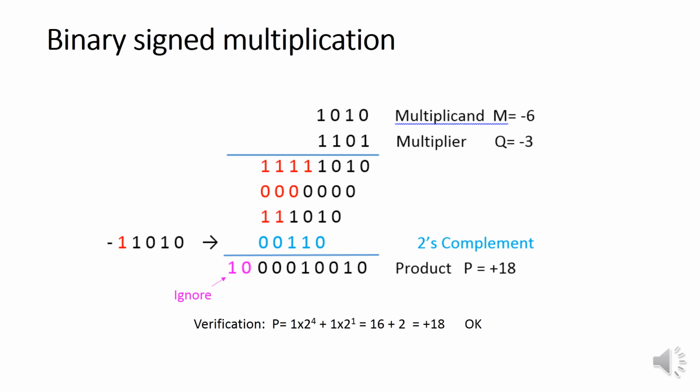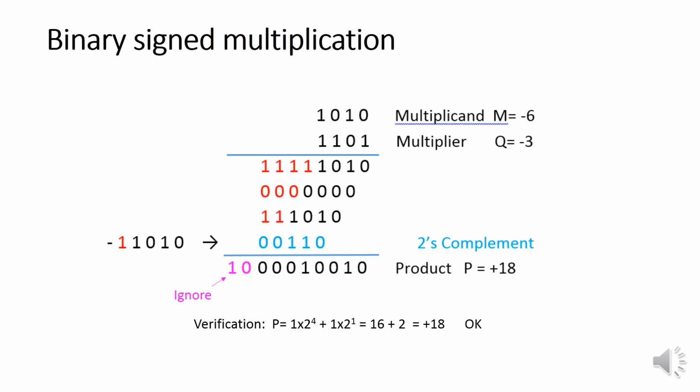Now we make the multiplication and we extend each partial product up to 8 bits as usual. Partial product, partial product, partial product, and this is the last partial product. But attention, we cannot use it as it is.